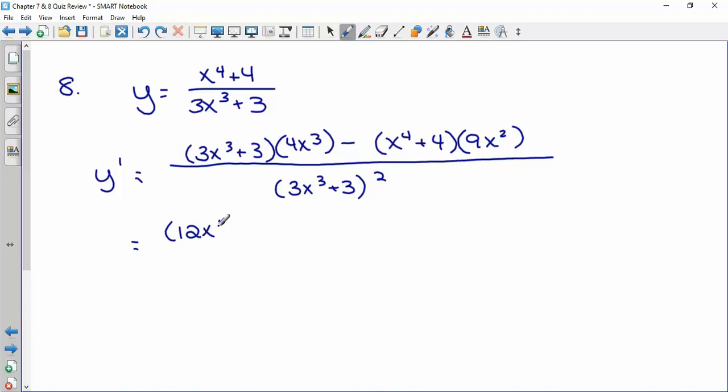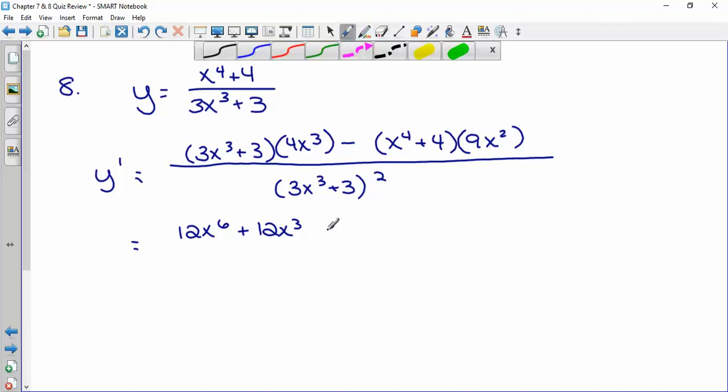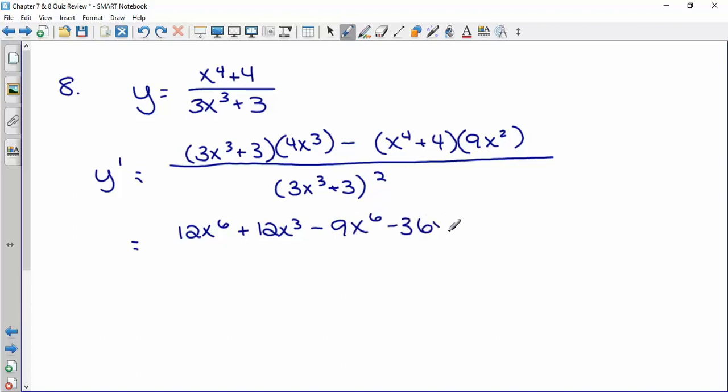So if we distribute, we get 12x to the 6 plus 12x cubed. This one gives me 9x to the 6. Actually, can I go ahead and distribute my negative? Minus 9x to the 6 minus 36x squared.